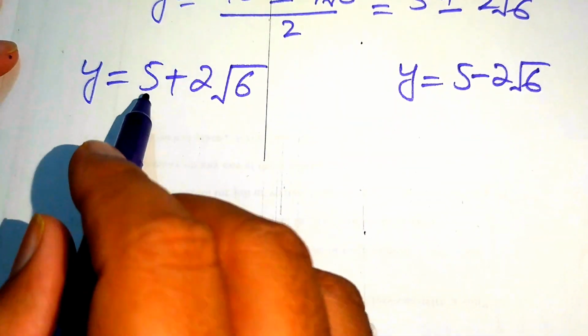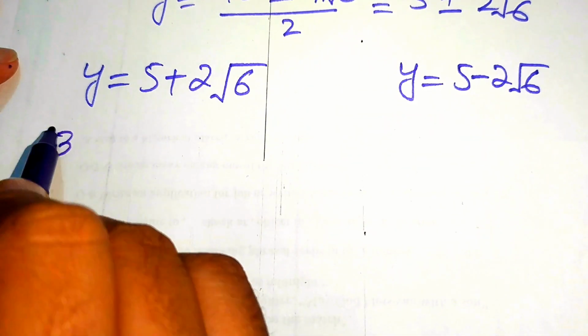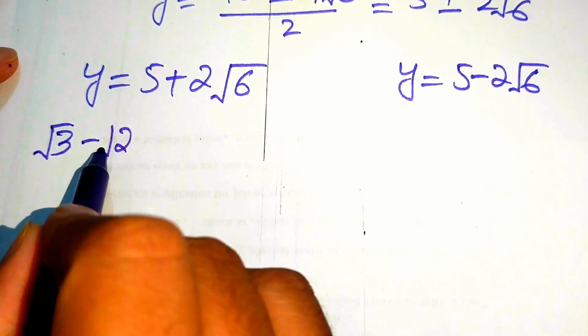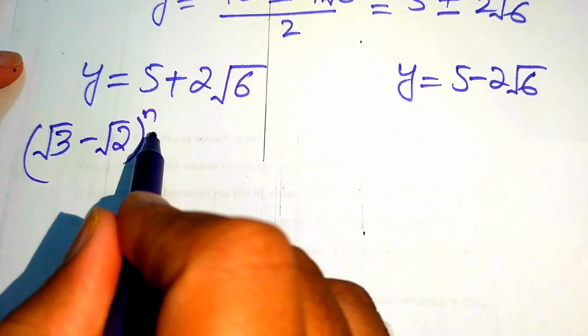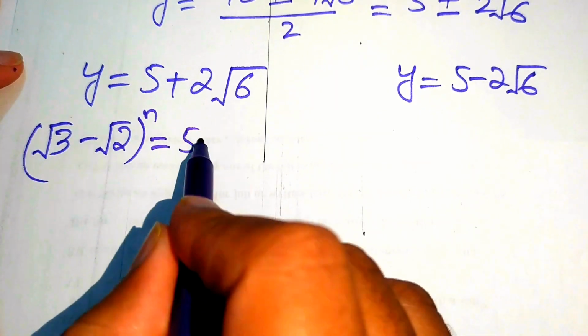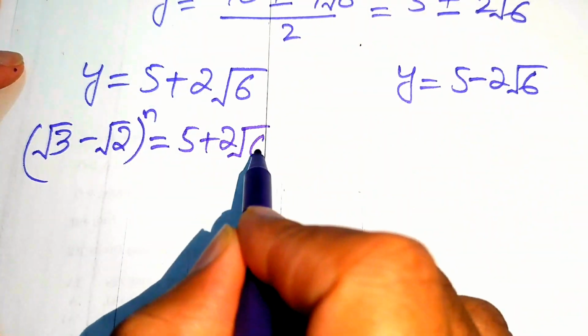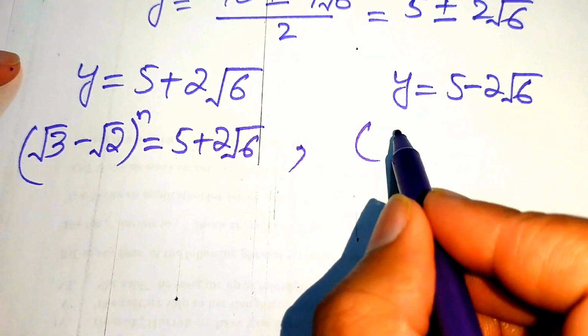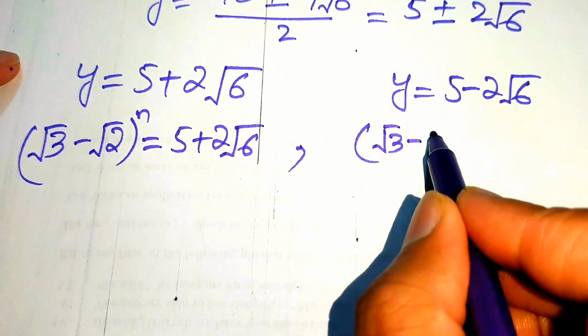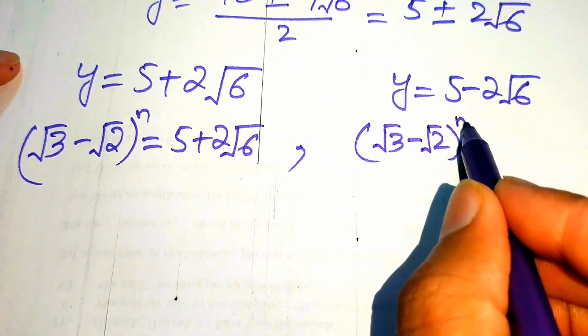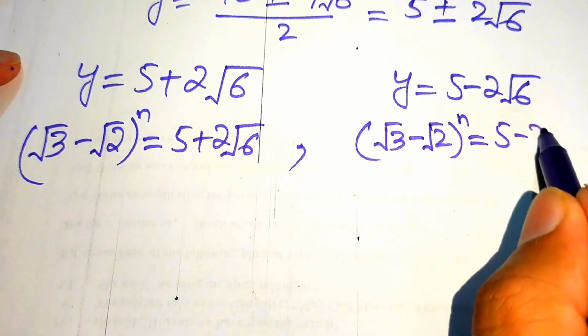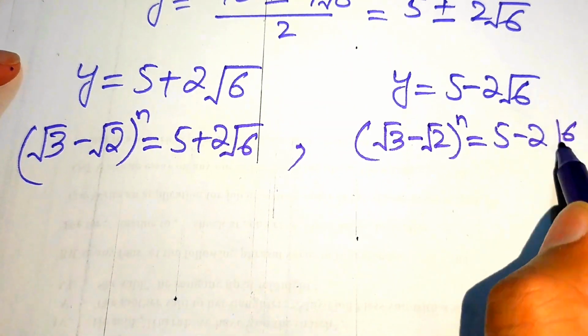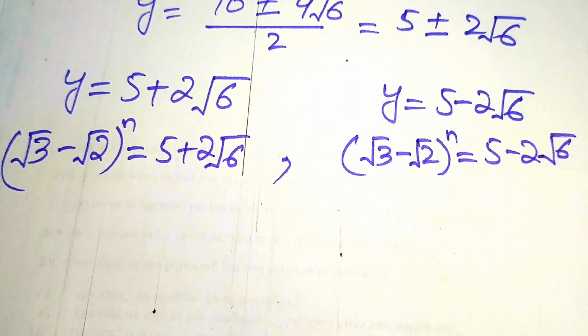When we put the value of y here, it will be equal to square root of 3 minus square root of 2 and its whole power n equals 5 plus 2 times square root of 6. Similarly, in this case we have square root of 3 minus square root of 2 and its whole power n equals 5 minus 2 times square root of 6.